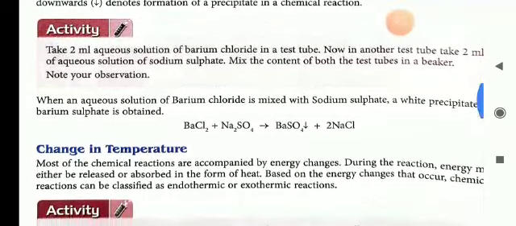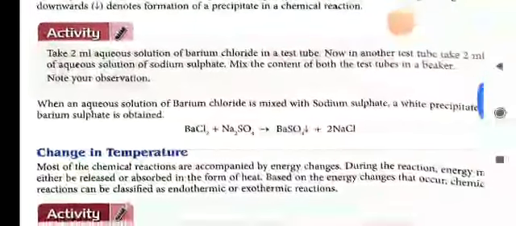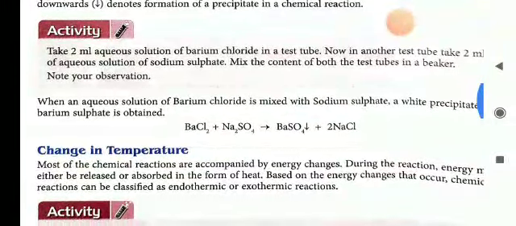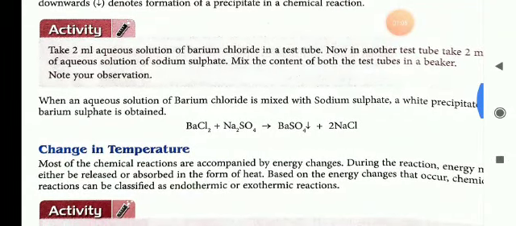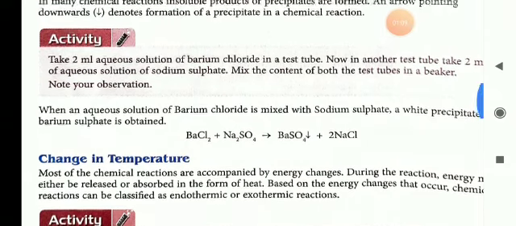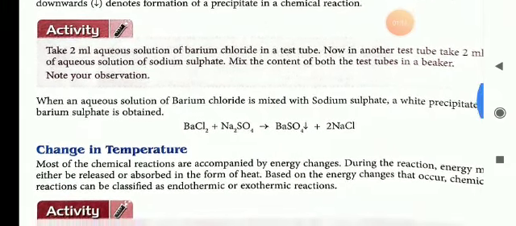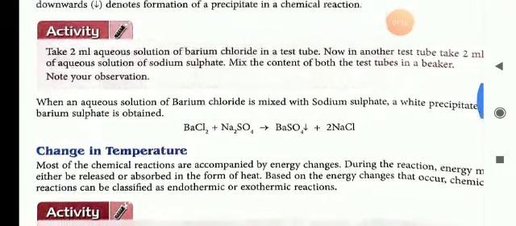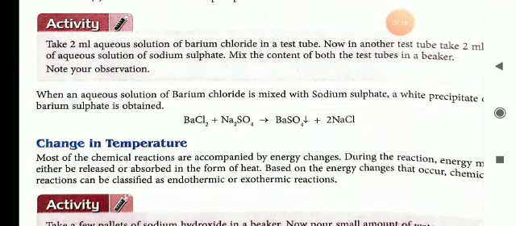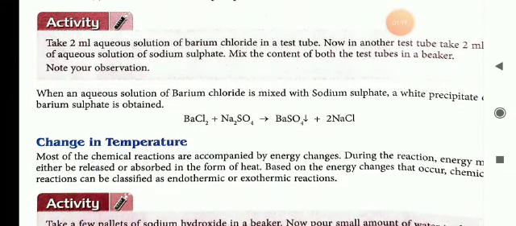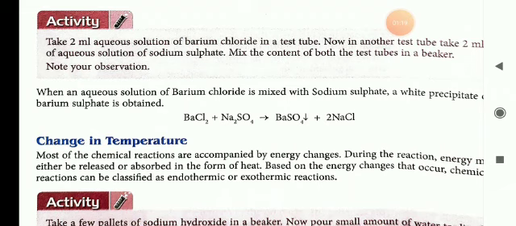Now, one activity is here. Take 2 milliliter aqueous solution of barium chloride, BaCl2, in a test tube. Now, in another test tube, take 2 milliliter of aqueous solution of sodium sulfate. Aqueous means water.